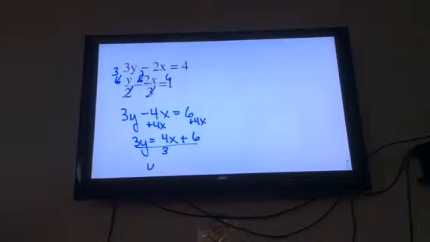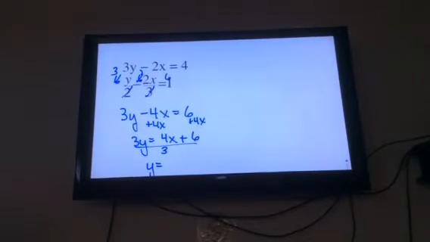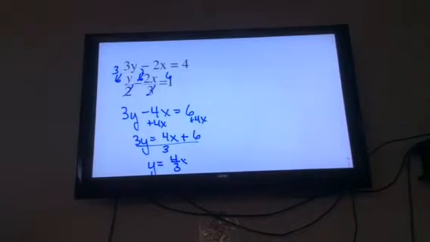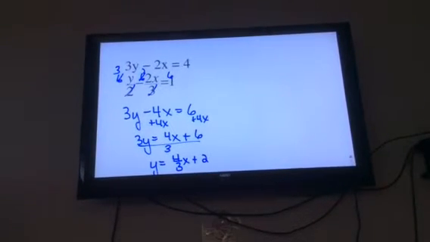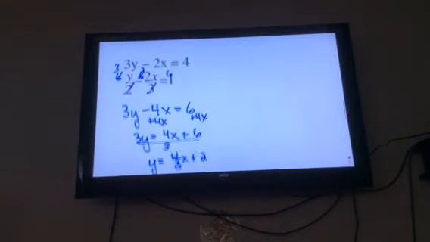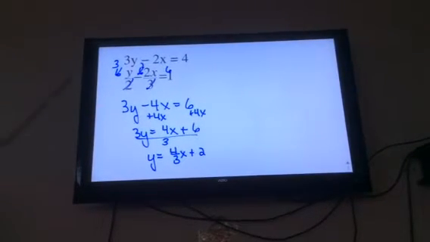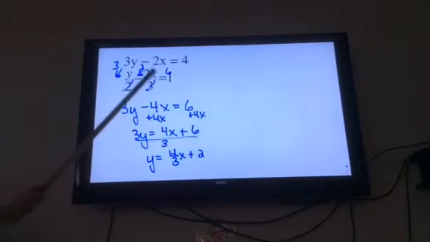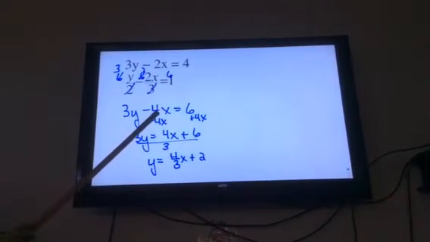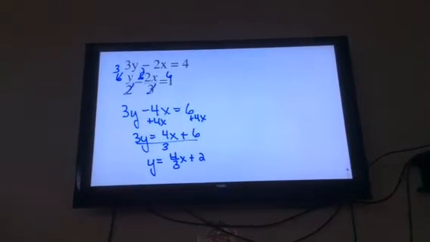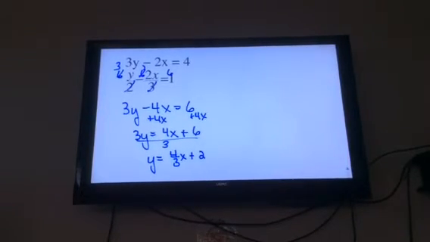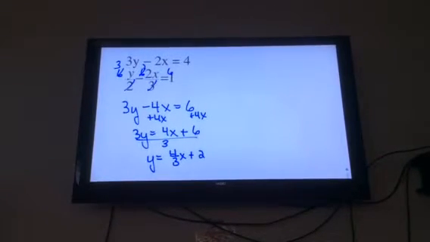And I get y equals 4 over 3x, or 4/3 x, and then 6 over 3 is 2. So I eliminated my fractions to get an equation. So I'm looking at my system, deciding which variable I'm going to solve for because I cannot do it without having a fraction. And it doesn't matter. You could solve for any of the 4 variables, either x or either y. I just chose one that gave me the least amount of fractions.